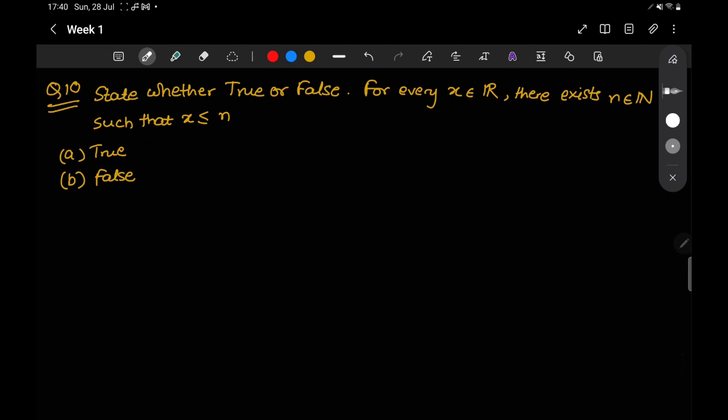It is a true false type question. State whether true or false: for every x belonging to R, there exists n belonging to N such that x is less than or equal to n. True or false? So let me start the true false type poll. This is the last poll for today. So all of you please try to answer.